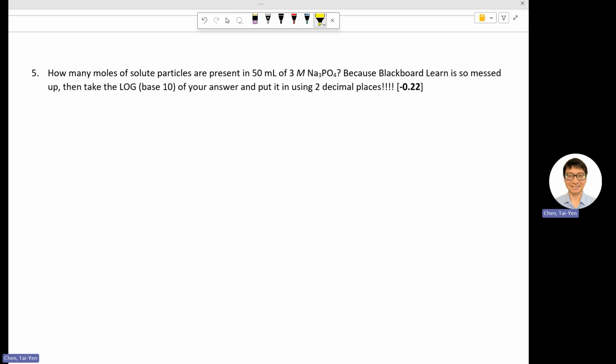What are the keywords? Moles, and the concentration term. These are the 2 keywords. Apparently, the thing that you know is you have 3M.